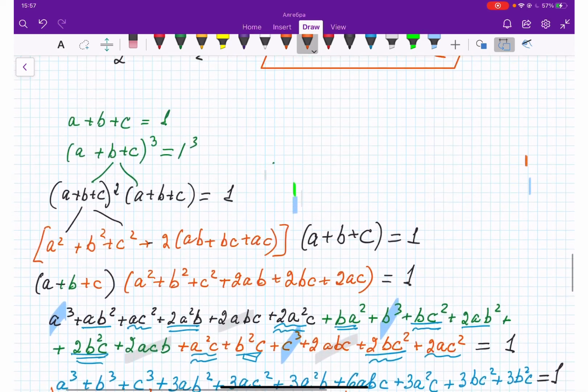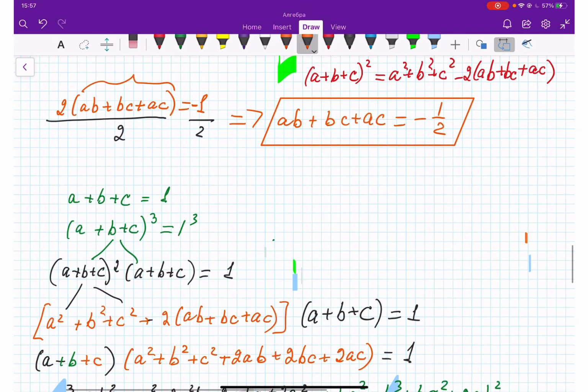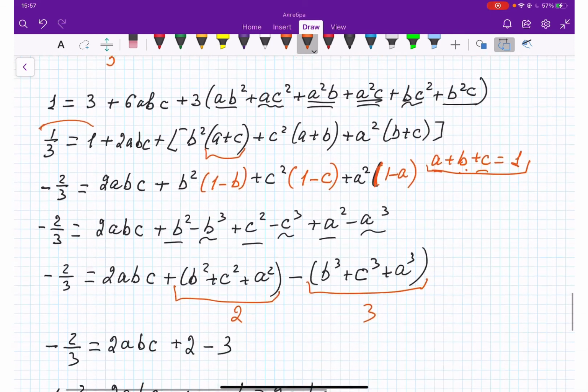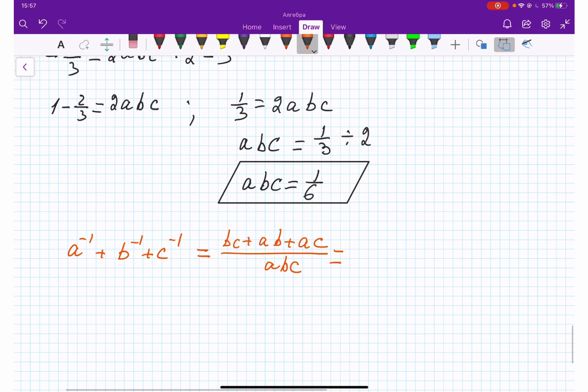Let me go back. There we go, negative 1/2. Negative 1/2, and we divide by 1/6, right? Divide by 1/6, and we are getting negative 1 times 6, and underneath is 2, which gives us negative 3.